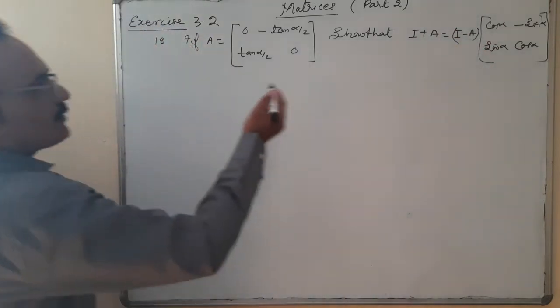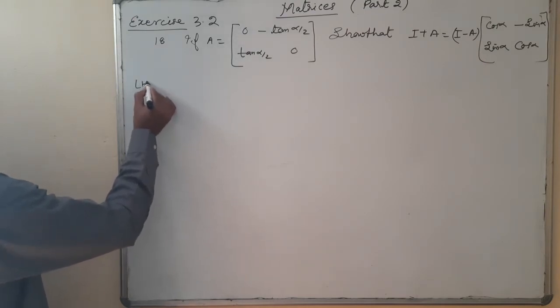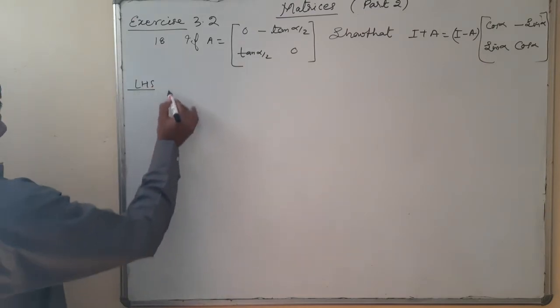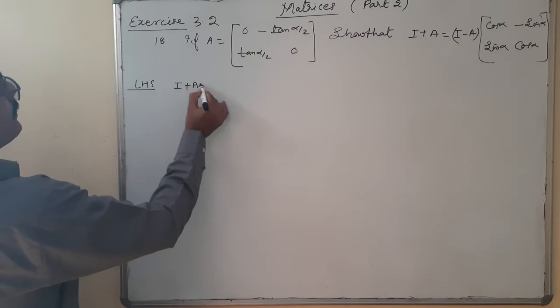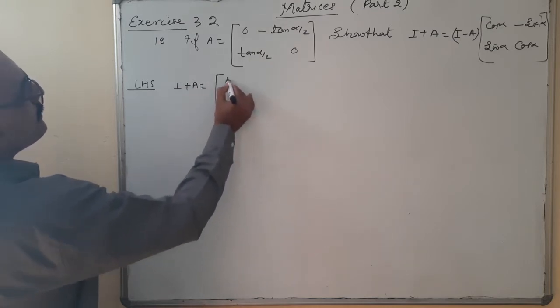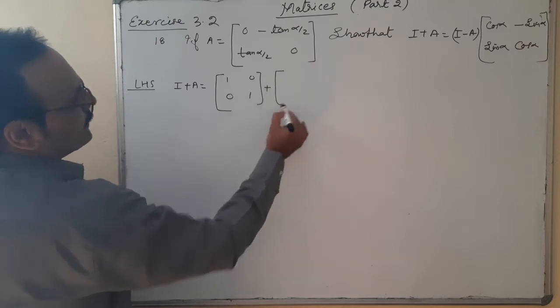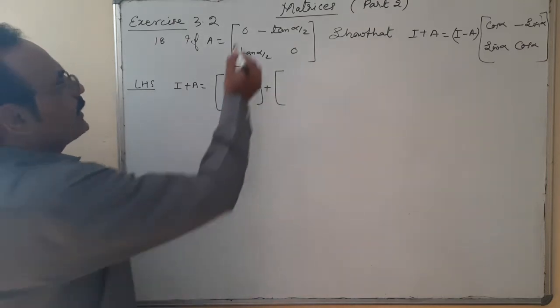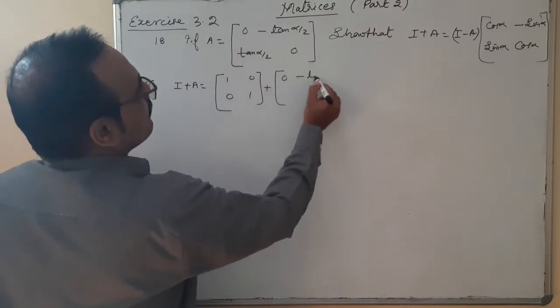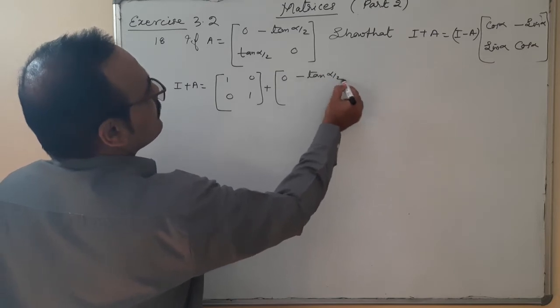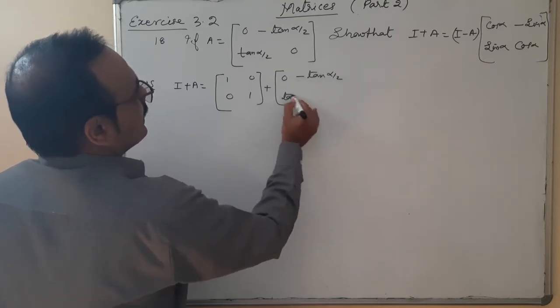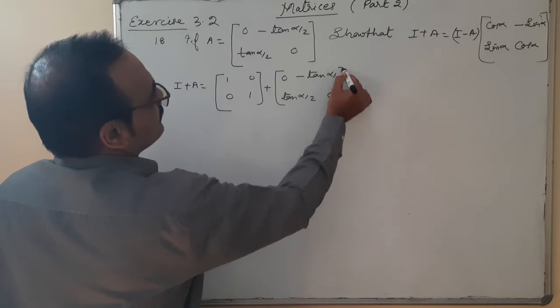First I am finding the value of LHS, left hand side. Left hand side is I plus A. The value of I is 1, 0, 0, 1, plus A. The value of A is already given, 0, minus tan alpha by 2, tan alpha by 2 and 0.